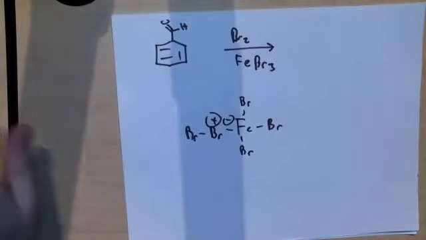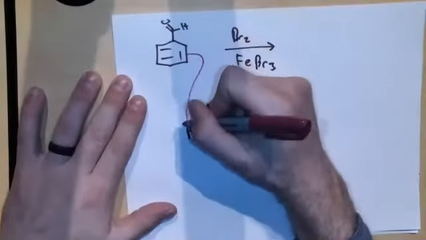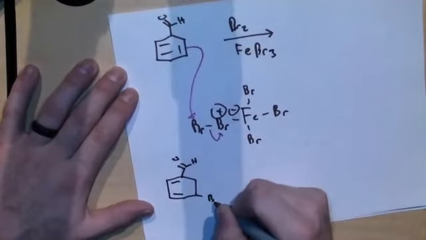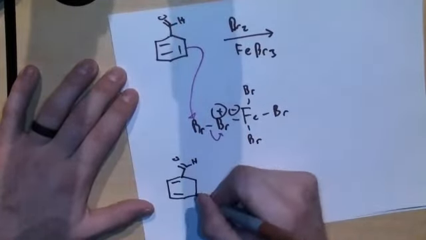Okay, so meta director here. This is going to attack this bromine, kick out the electrons. It is going to break our aromaticity. We're going to add bromine to the meta position.